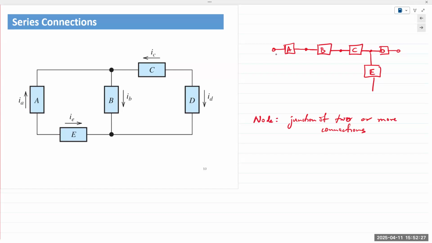But B and C are still in series. A and B are still in series.